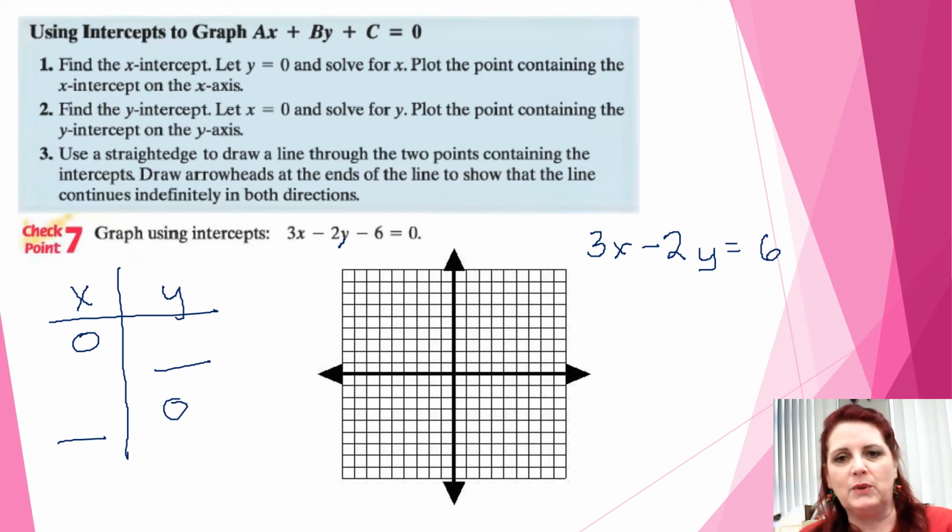When x is 0, well, 3 times 0 is 0. So you can just take your finger and cover that up. And then you're going to solve negative 2y equals 6. So I'll divide by negative 2, and 6 divided by negative 2 is negative 3. So you're going to have the point 0, negative 3, which is here.